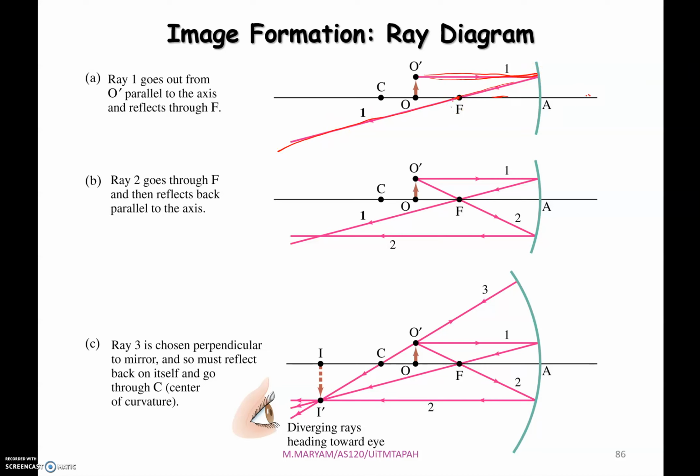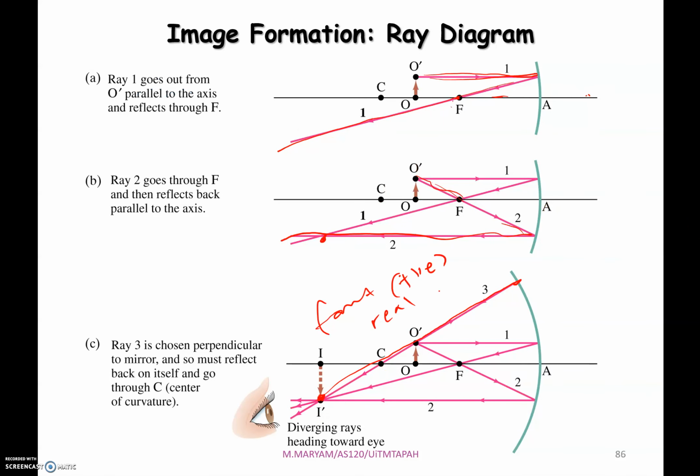The second one will hit the focal point and then go parallel to the axis. So where does it stop? It stops somewhere around here. The last one should go through the center of curvature, to the top of the object. Where the rays meet, this will be the image of the mirror.